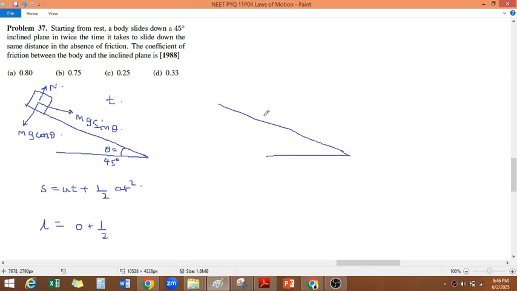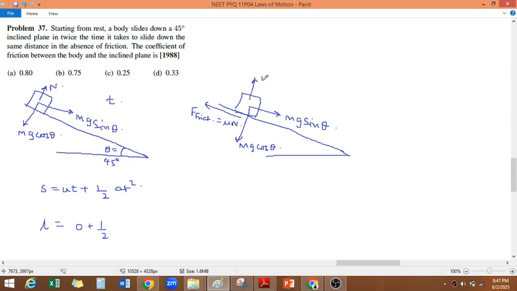there will be a friction acting this way. So mg sin theta will be pulling it downwards. Friction on the table will be acting upwards this way. So F friction is equal to mu into N. This is mg cos theta.